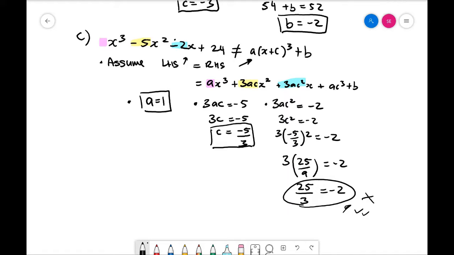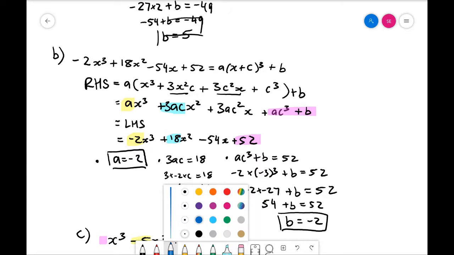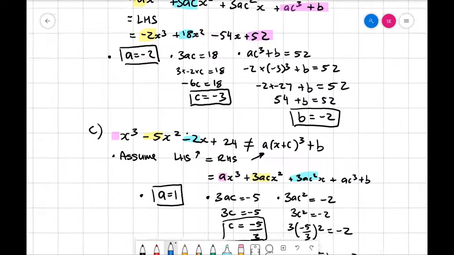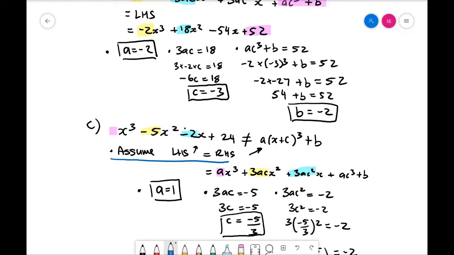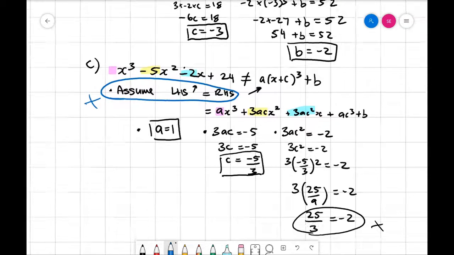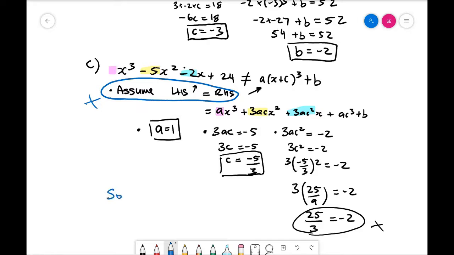But since it's not true, since an error has happened along our workings, it means that our assumption up here is wrong. So the left-hand side does not equal the right-hand side and cannot equal the right-hand side.